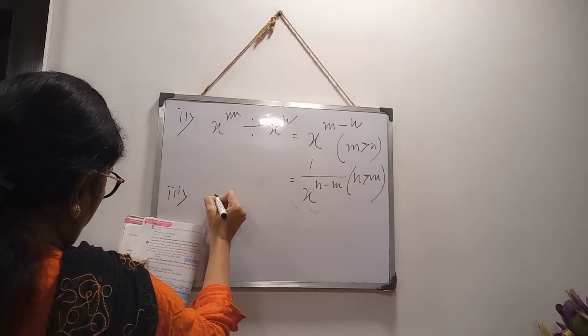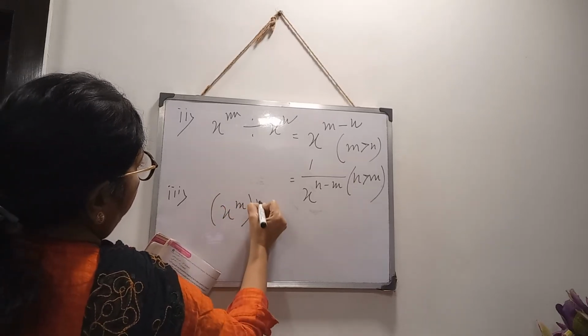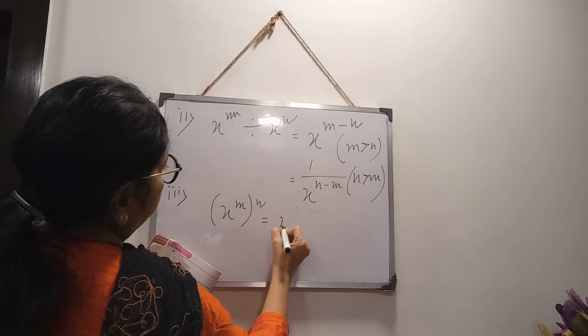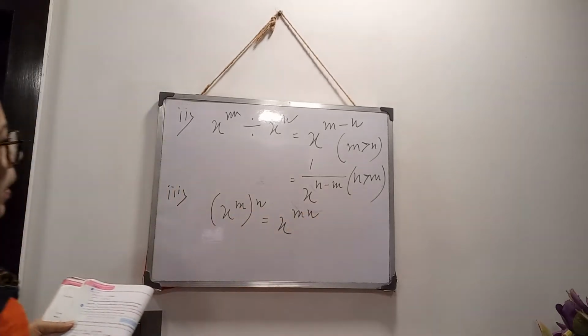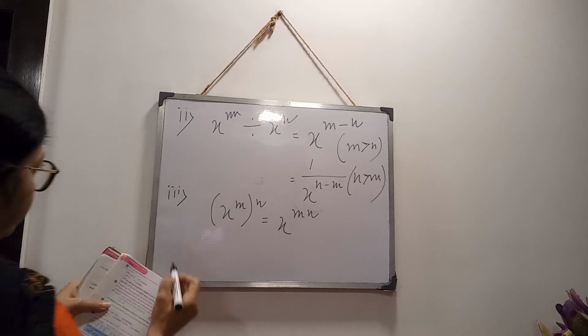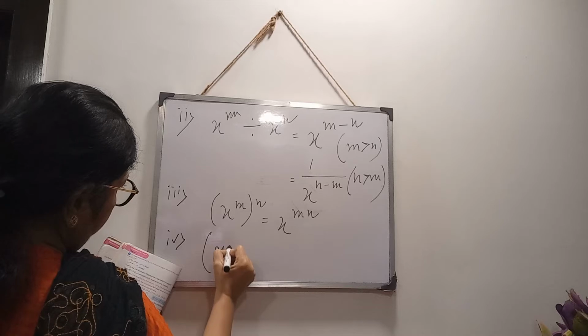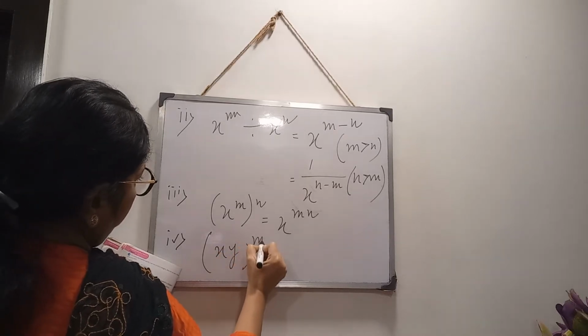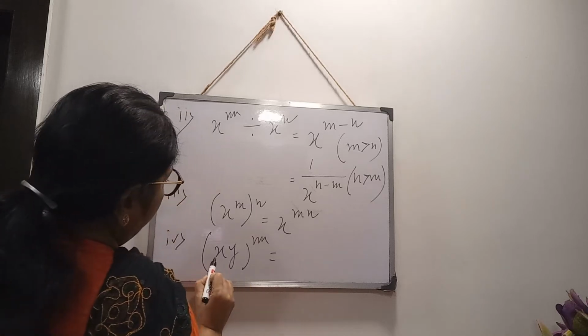if it is in this form, x to the power m and outside the bracket the power is n, then powers will be multiplied. We will write x to the power mn. Clear? Then another law, if it is in this form, xy to the power m. Now see, variables are different, x and y.